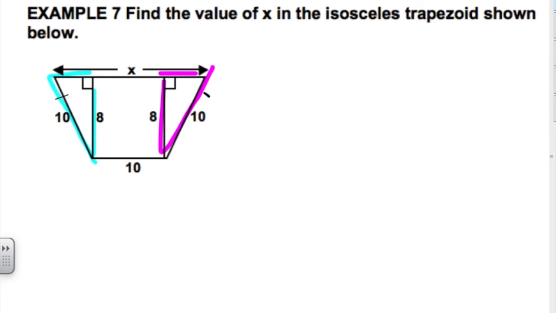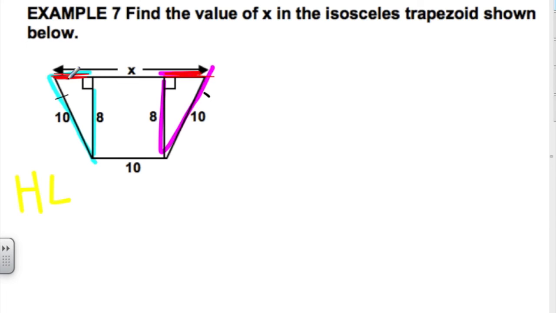Notice that I have an 8 and a 10 on each of them, and they're right triangles. Well, we know that those are congruent by our HL theorem when we talked about triangle congruence. So I know these two triangles are the same, so when I solve for these pieces here and here, I know they're going to be equal.